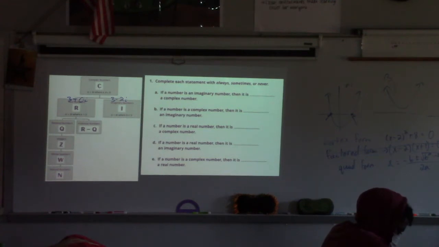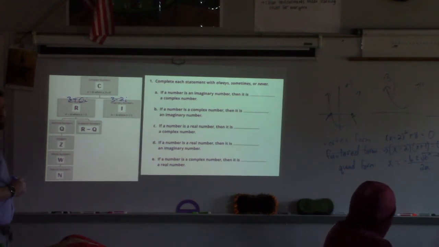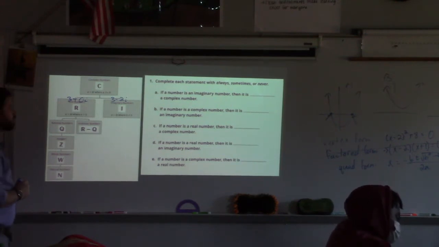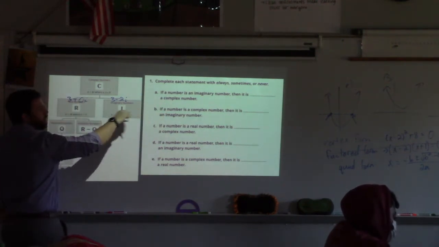So, complex numbers is the biggest overarching number set that we have. So if a number is an imaginary number, then it is always, sometimes, or never a complex number. Always.